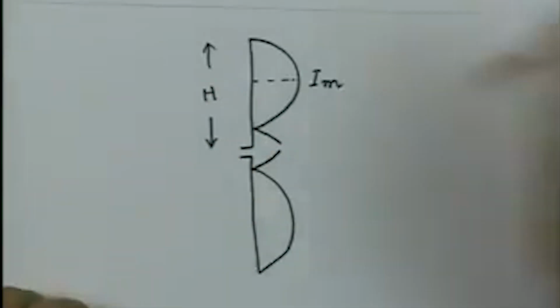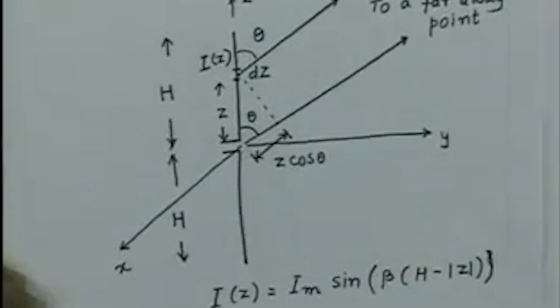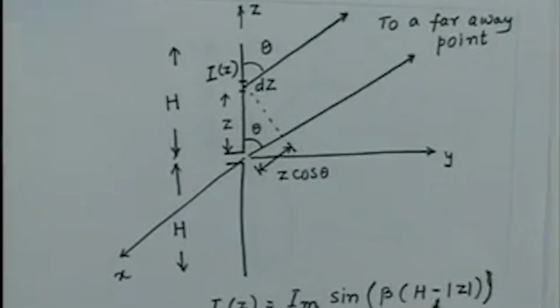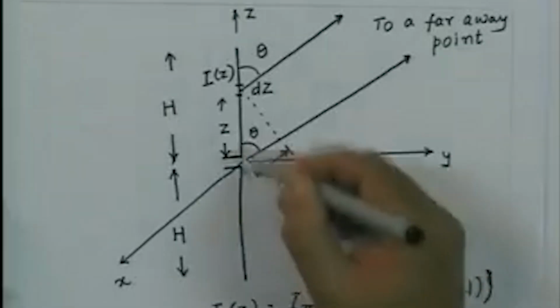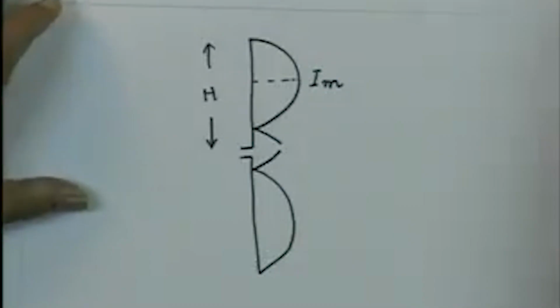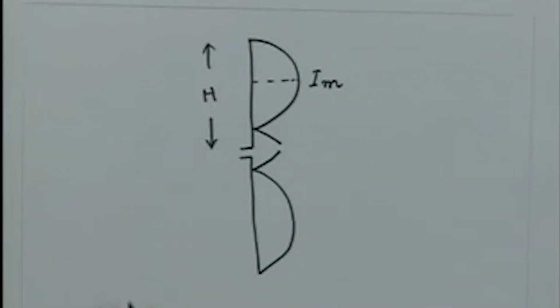This is the current distribution which is essentially given by this. I know now the current distribution on the dipole, which I write down explicitly for z less than 0, which is the lower half of the dipole, and z greater than 0, which is the upper half of the dipole.